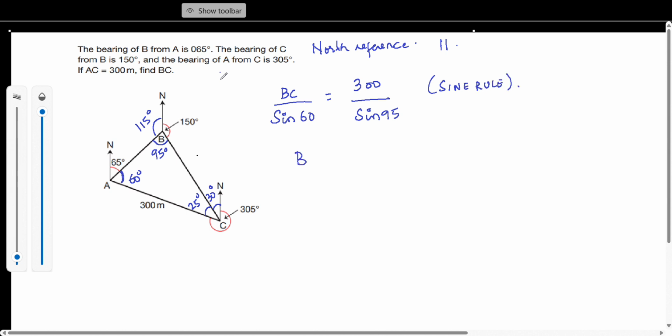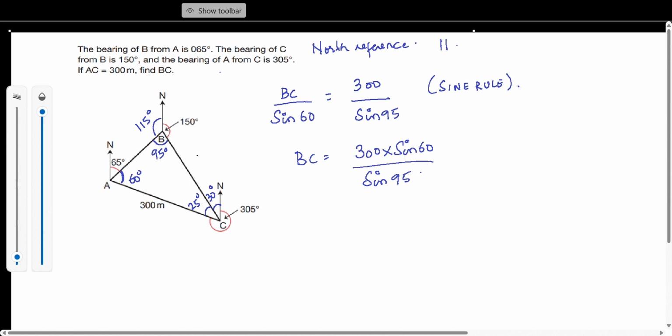BC is what we need to find. So 300 into sine 60 by sine 95. So depending on whether you're allowed to use a calculator or a clerk's table, you look in for the appropriate value.